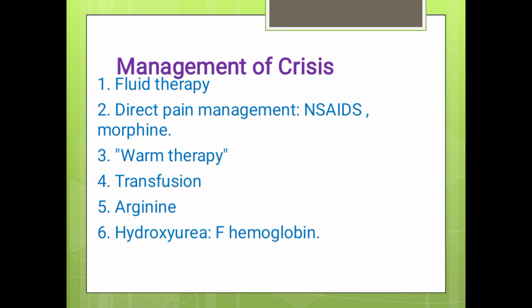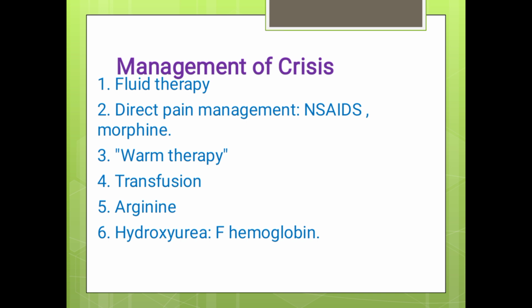We have some drugs like arginine. Arginine has anti-sickling properties and enhances availability of nitric oxide, which is a vasodilator. In fact, that will help to decrease pulmonary artery pressure. But it has other side effects that some prescribers may not like. We also have another drug, hydroxyurea.